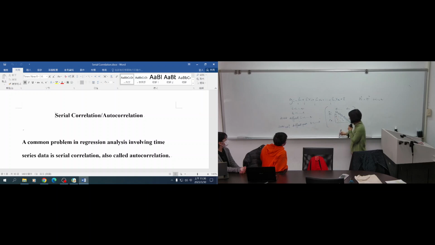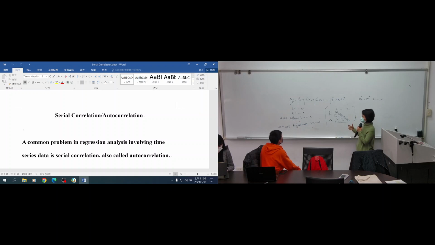So it means the order makes a difference. You're not able to change the order of the original time series data, but you may change the order of the original cross-sectional data. So that makes a difference, okay?